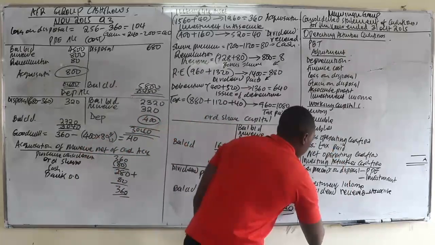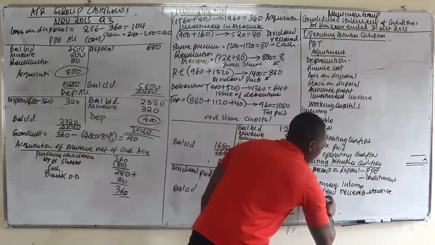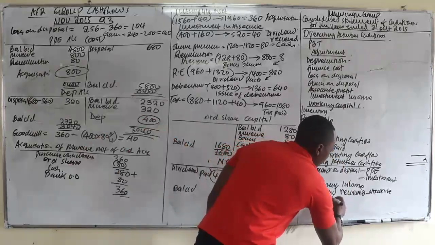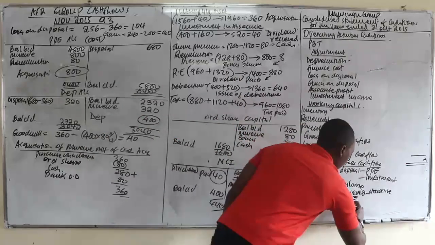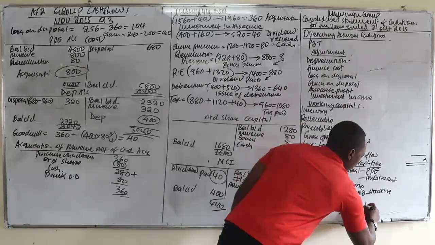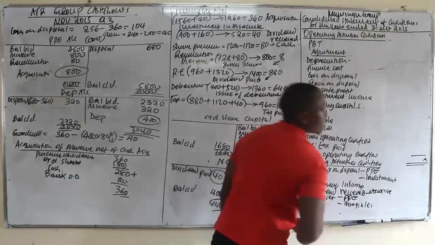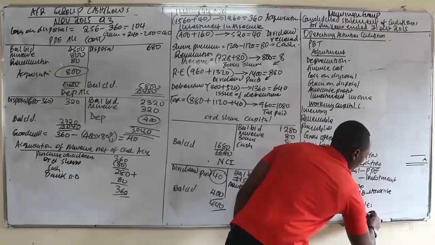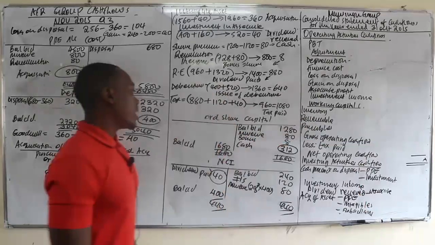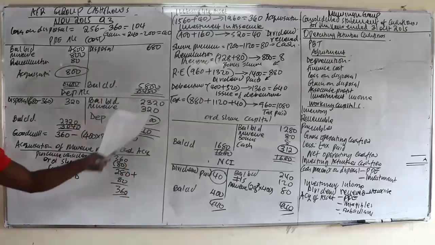So we had acquisition of assets. Number one, we acquired PPE. What else? We also acquired intangible assets. Also, we acquired Mwewe subsidiary. And that's how we get the net. So can you take a screenshot of that?